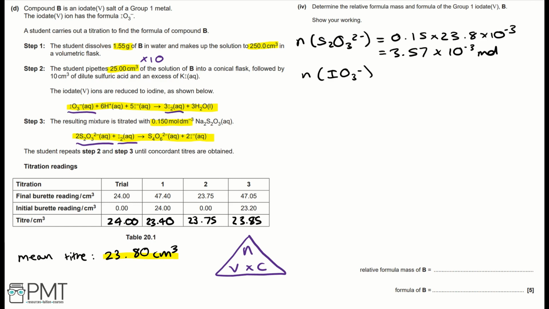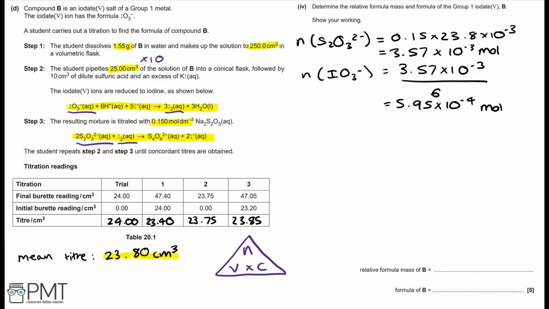So, working backwards, that means that the number of moles of S2O3 2- is 6 times the number of moles of IO3-. So to work out the number of moles of IO3-, we take 3.57 times 10 to the negative 3 and divide it by 6. That gives us a number of moles of 5.95 times 10 to the negative 4 moles.